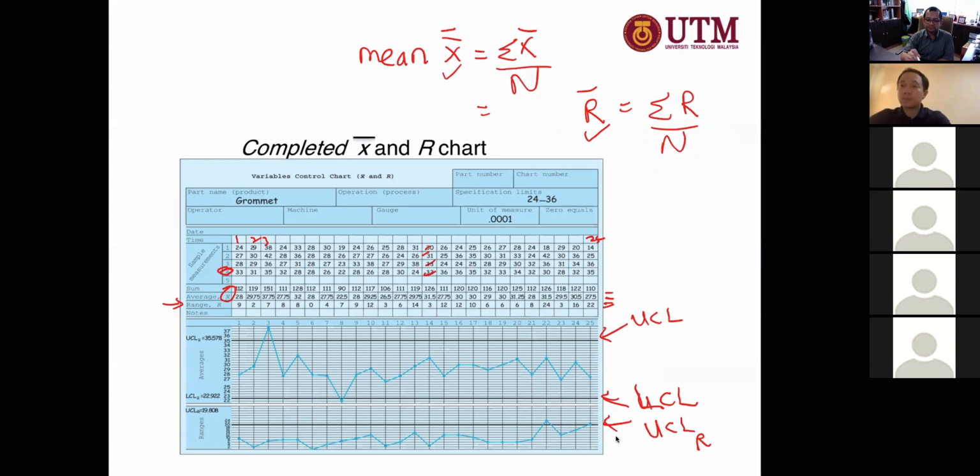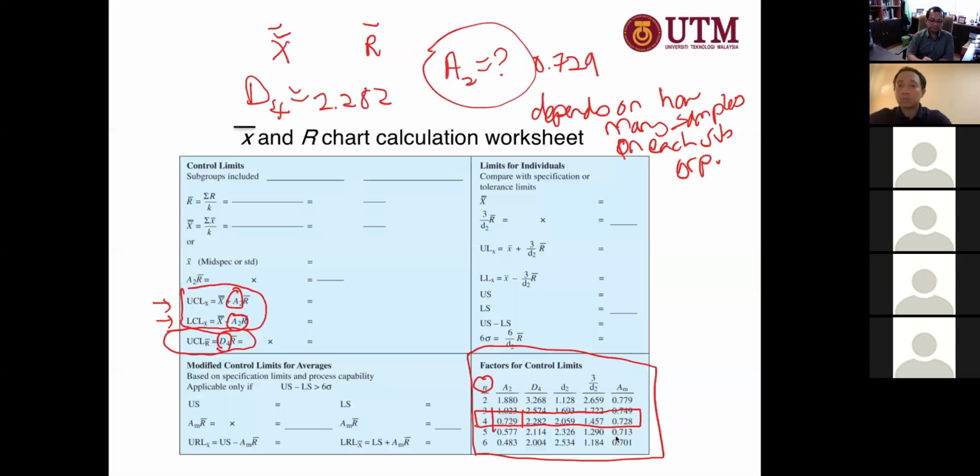Then from here, we are able to calculate the mean of the mean and mean of the R. We get the line for that and also the line for R bar. Then the upper limit and lower limit, we calculate using this formula.